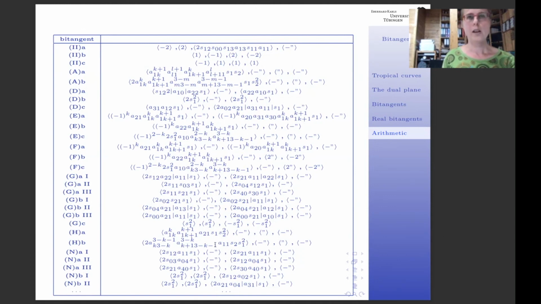For example, the most recent outcome from just last week was that we could prove that for many of the tropical bitangent classes, the sum of the arithmetic counts is just 2 times the hyperbolic quadratic form, which is also nice, I think. But it's not true for all tropical bitangent classes, only for very many. So you can see there's still many question marks left.